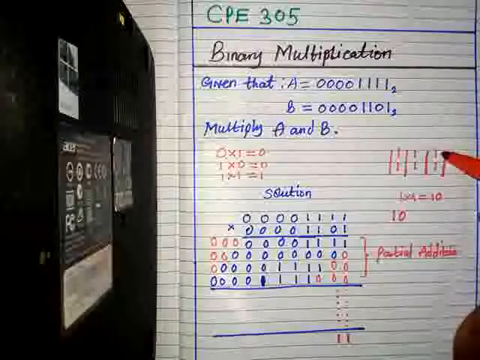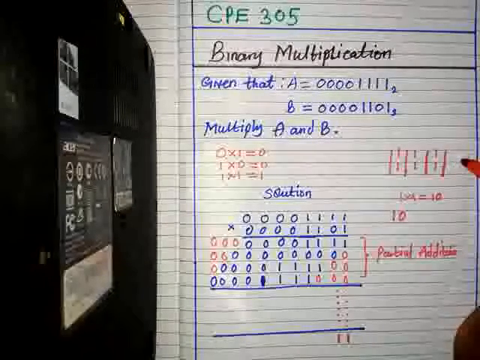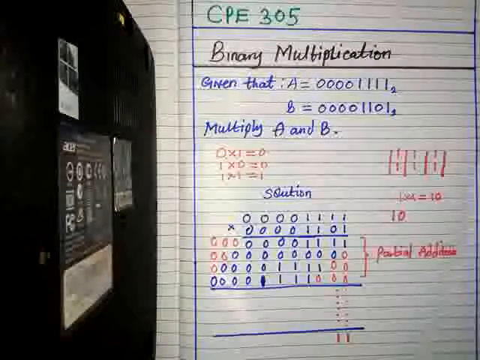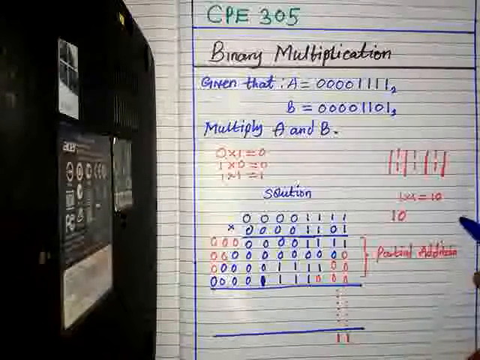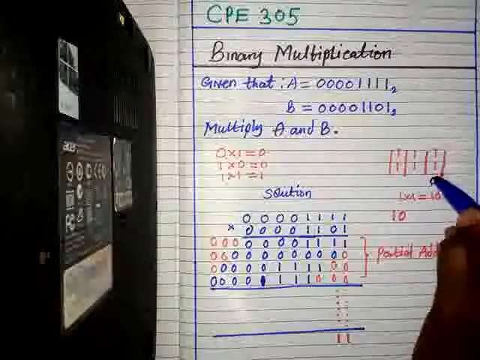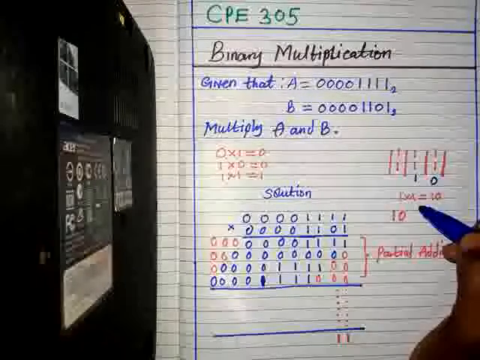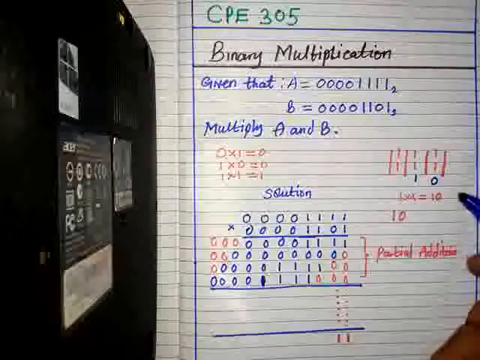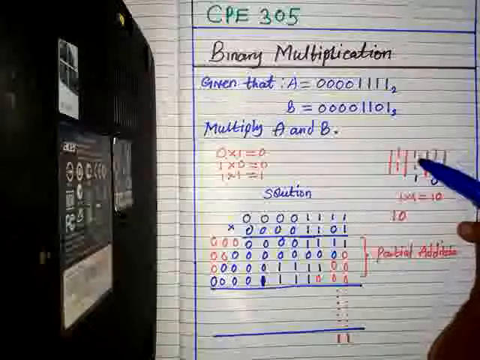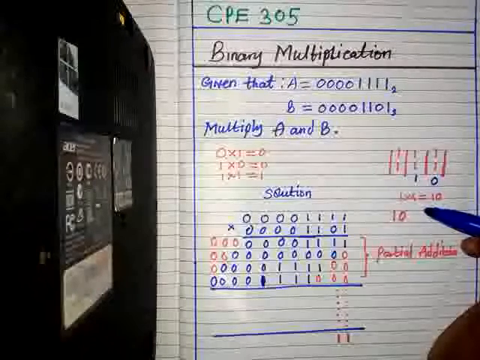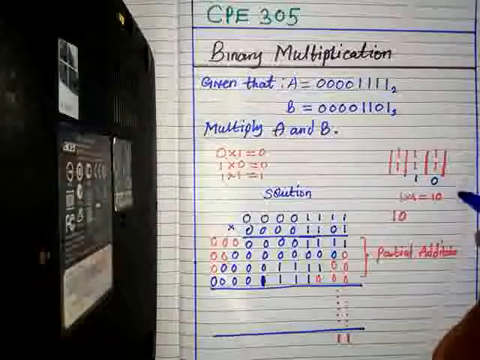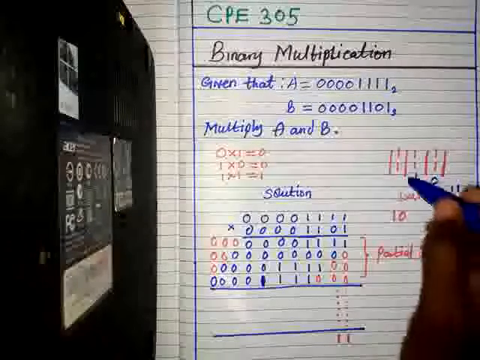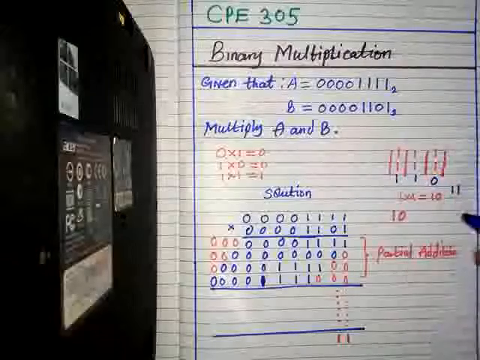So if we make the partial addition here, we know that this 1 plus 1 is 2, and normally 2 is represented as 1 0. So keep the 0 here, bring the 1 here. Okay, if you add this, 1 plus 1 plus 1 is 3, and 3 is represented as 1 1. So keep 1 here, add the 1 to the next column.